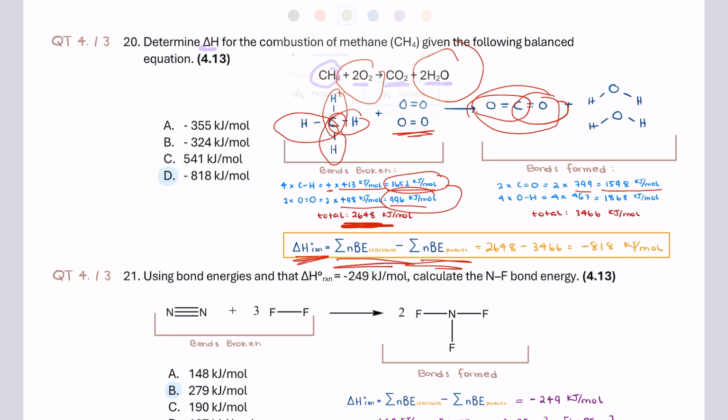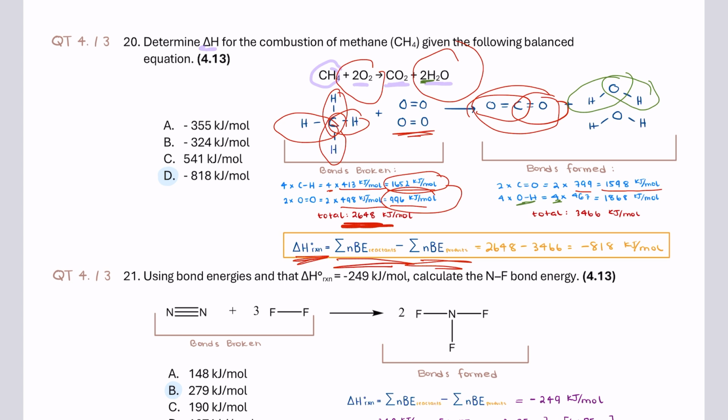Now we have water. That's our last and final product for us to consider. For each water molecule, we have 2 oxygen-hydrogen bonds. Since we have a total of 2 water molecules, that means there are a total of 4 oxygen-hydrogen bonds. Each oxygen-hydrogen bond needs 467 kilojoules per mole. That's the amount that's released.